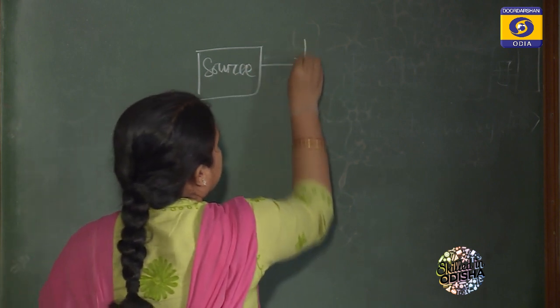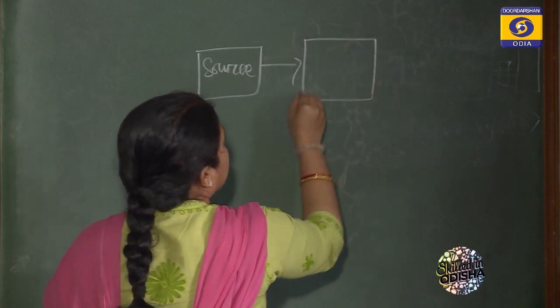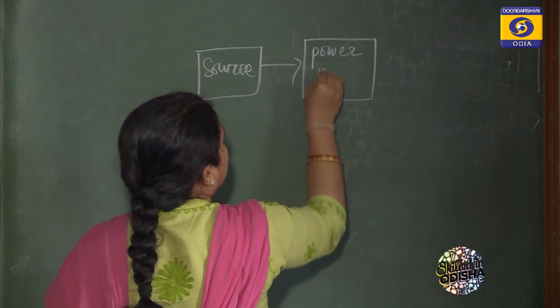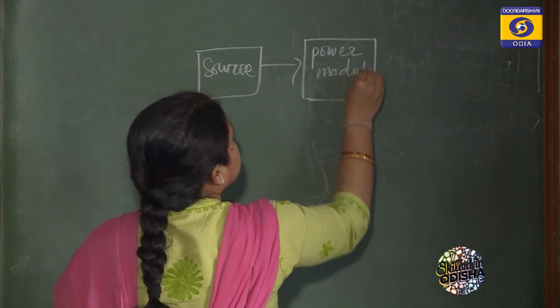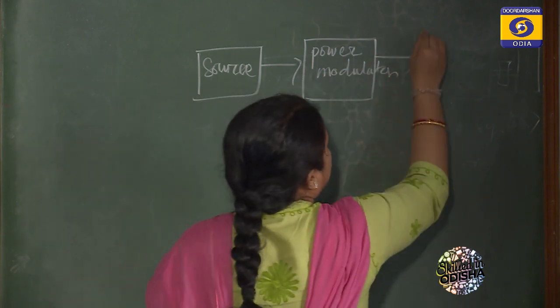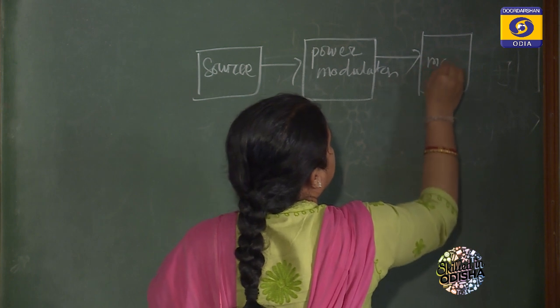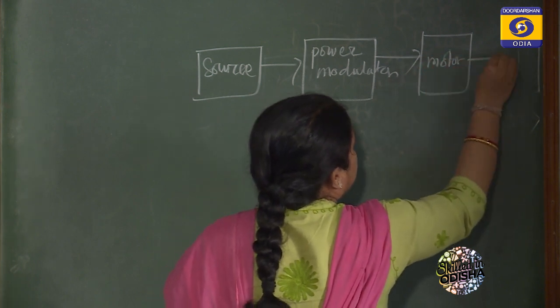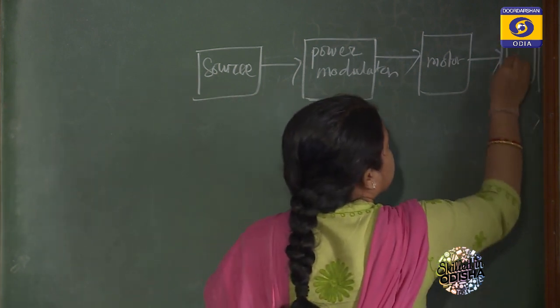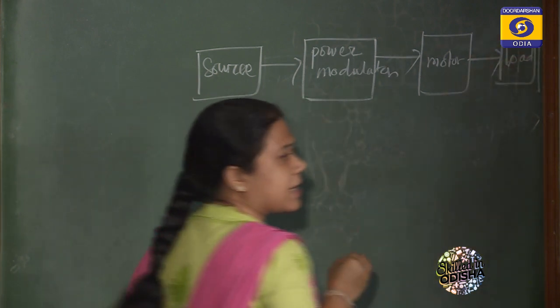From this, the output will be going to this power modulator. Then from this power modulator to our motor. Then from this motor our output will be connected. That means our load will be connected here.